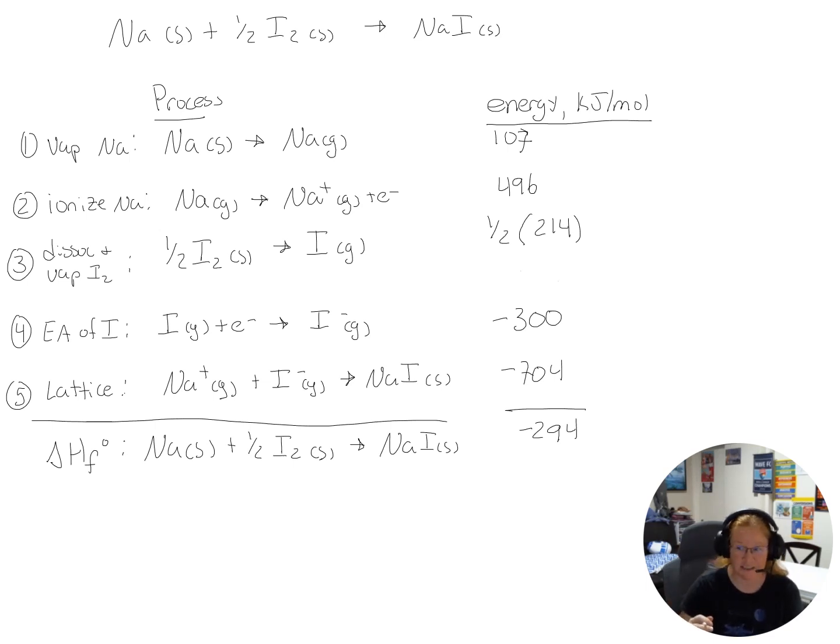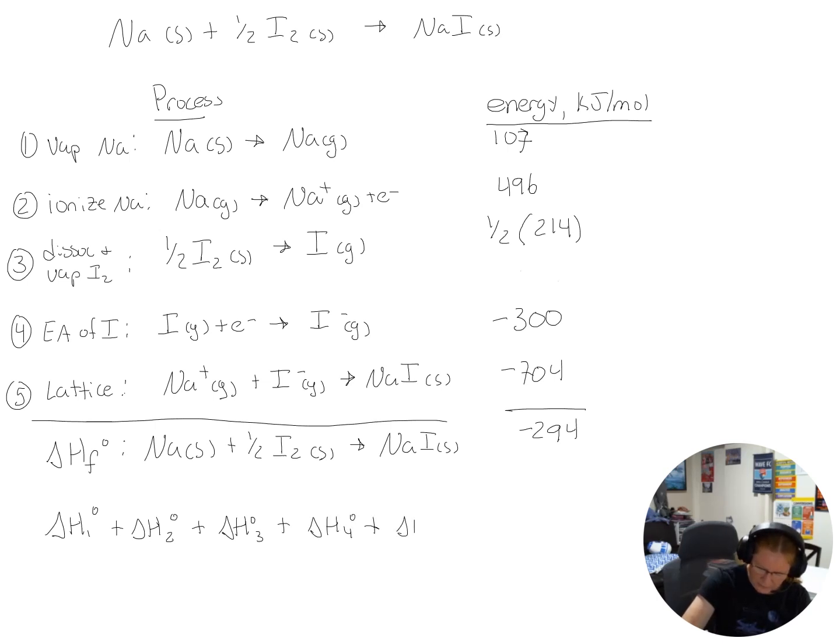Write out the reactions. Don't just write out the numbers, write out the reactions. Know what process you're doing. So again, what if I asked you the lattice energy? Well, remember, we're doing delta H1 plus delta H2 plus delta H3 plus delta H4 plus delta H lattice equals delta H of formation.